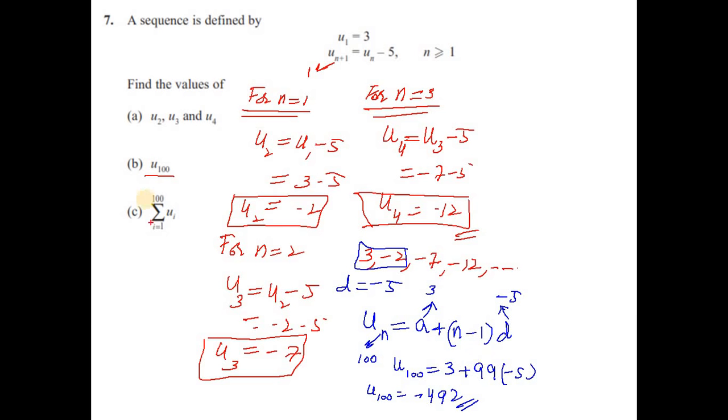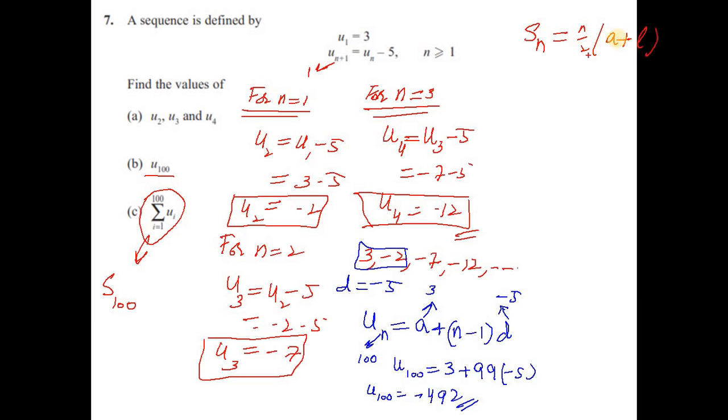Part C, find the sum of ui from i equal to 1 to 100. This means you need to find S100, the sum of the first 100 terms. You have first term 3, and last term minus 492. In general the sum of n terms is n by 2 times a plus L. I'm using this formula.